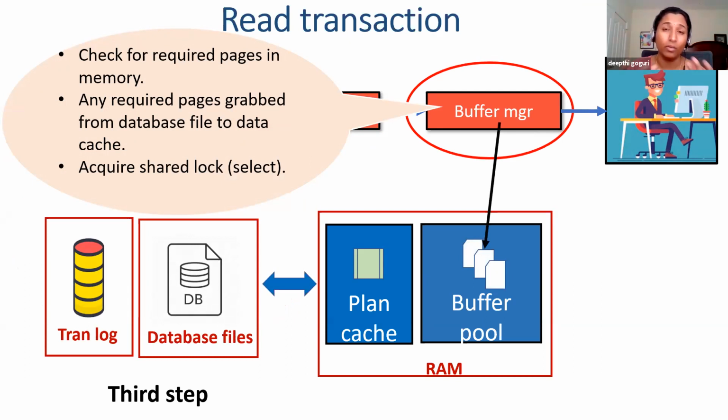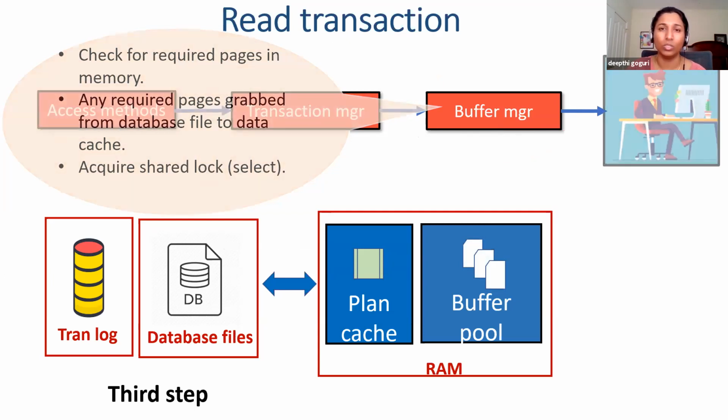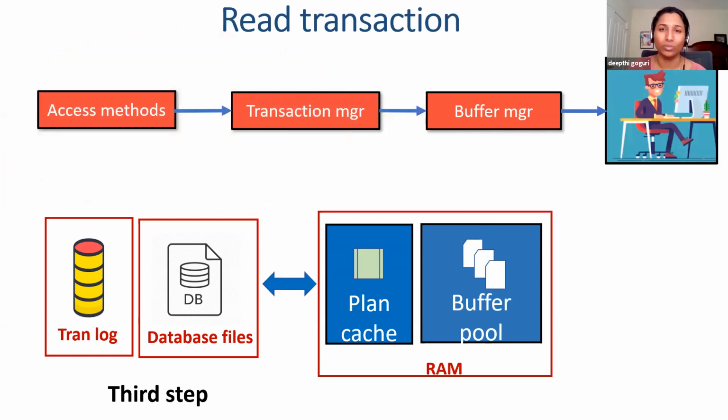If it didn't find some of them or all of them, it will grab those pages in the form of 8 KB pages, put them inside the buffer pool, do the operation over there, and send the results to the user. That's how the read transaction works.